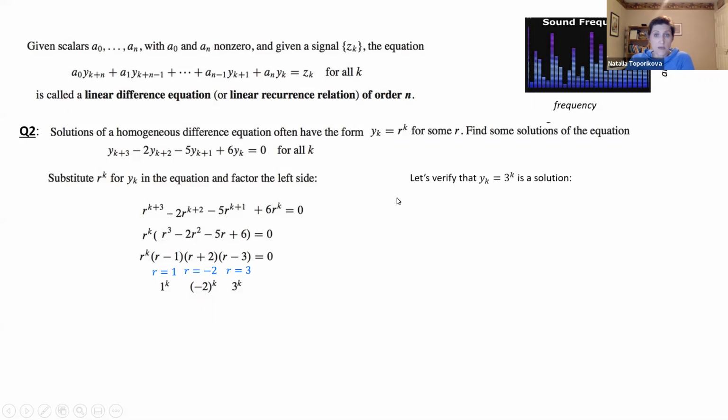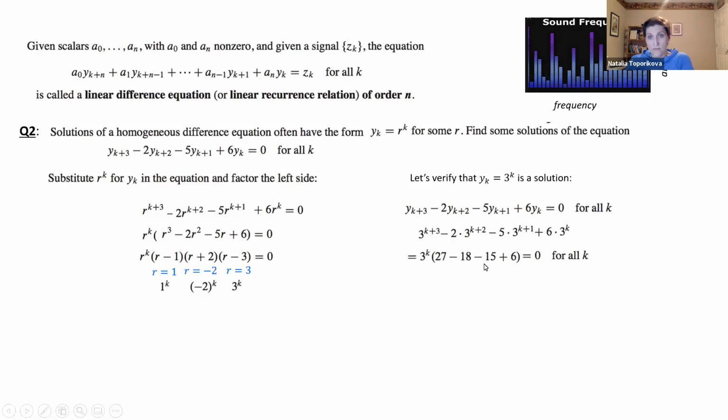But don't just trust me. I think we should at least once try to confirm that these numbers are indeed solutions of the difference equation. How can we verify it? Plug it back into our equation. Instead of y_{k+3}, we will use 3 to the power of the index k plus 3. Then we repeat for the other terms, and it should give us 0.